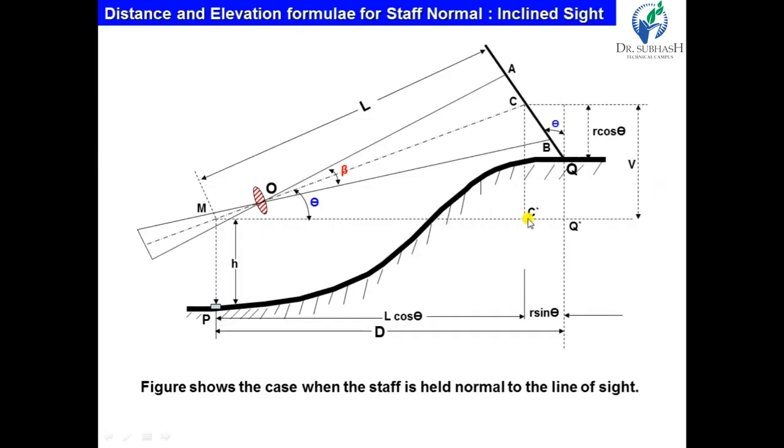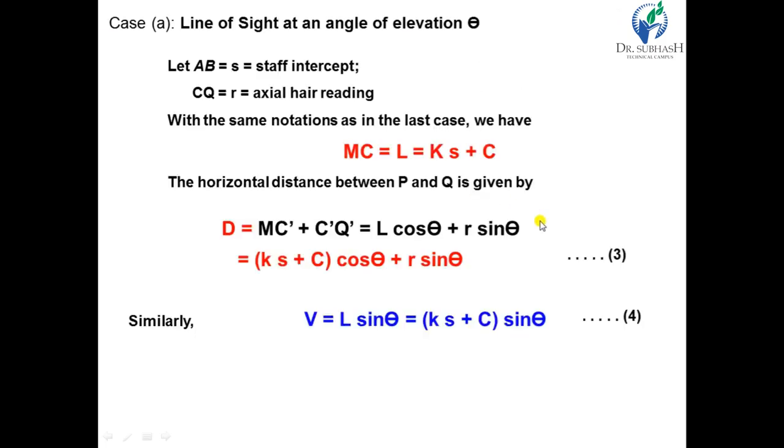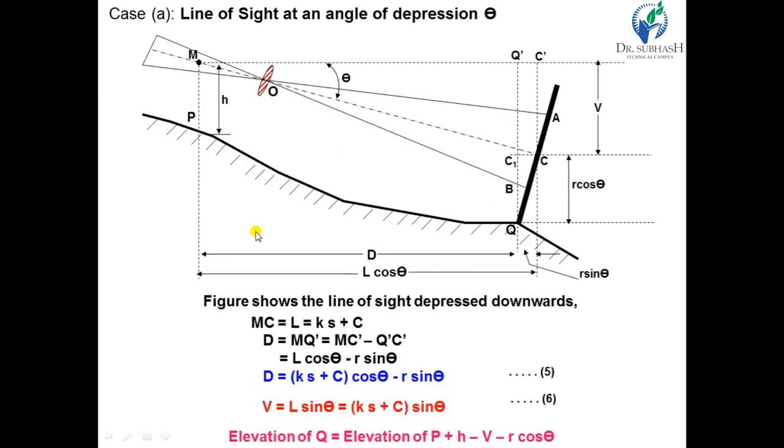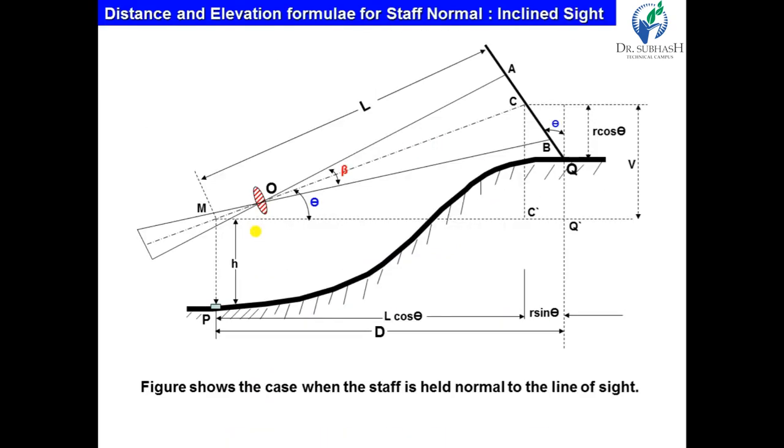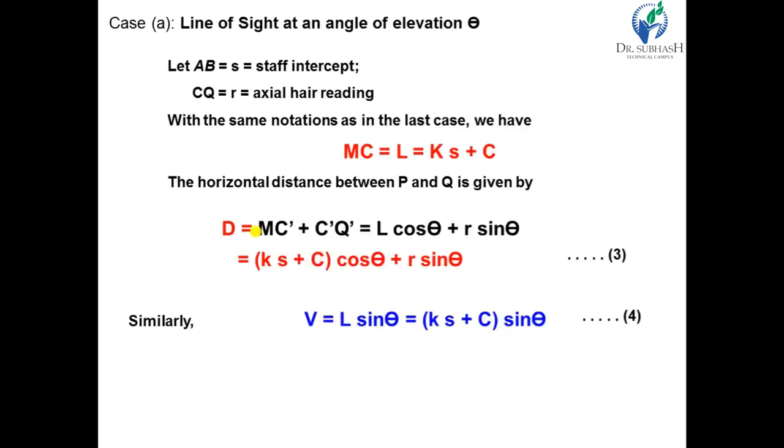We have to add that distance to MC dash. So put the value into the equation. That value is R sin theta, as we are seeing in the picture, and the MC dash value is L cos theta.